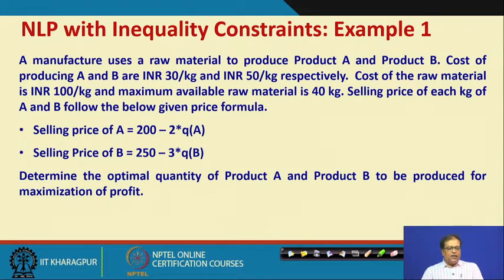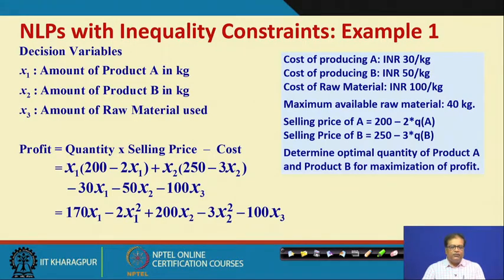So, let us see how to formulate the problem first. These are the decision variables. Suppose x 1 is the amount of product A to be produced in kg, x 2 is the amount of product B to be produced in kg, and x 3 is the amount of raw material used, all right. What is the profit equation?